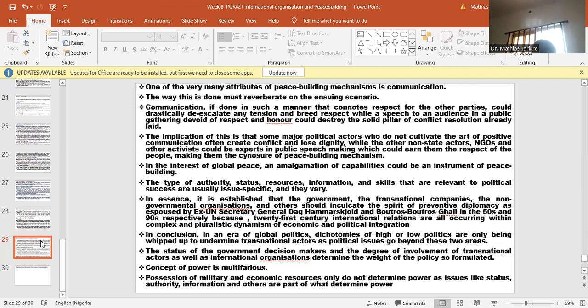In conclusion, one can say, in an era of global politics, dichotomies of high or low politics are only being whipped up to undermine transnational actors as political issues go beyond these two areas.